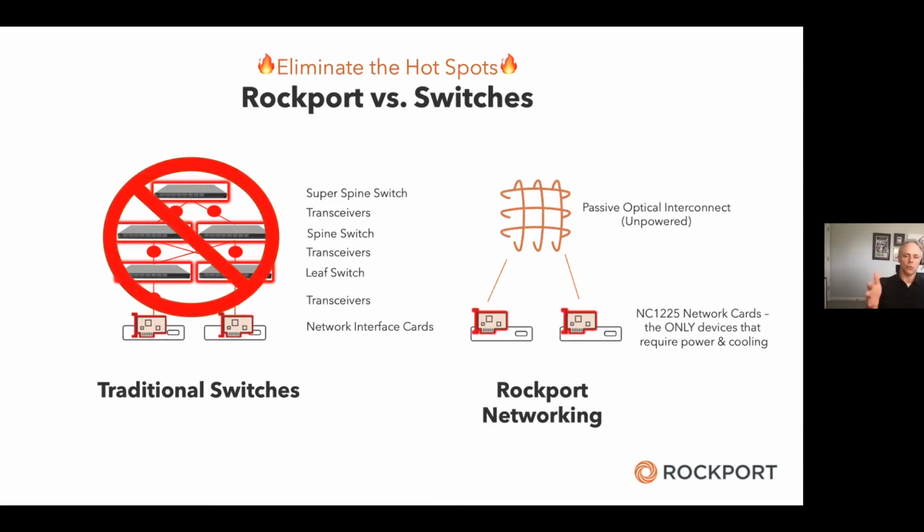And so what we'll see in a Rockport network is the only thing that requires power and cooling is the card itself. Once the cable is plugged in and the communication happens outside of the card, it is completely passive, and it is completely nothing but light pulses. So there is nothing within the environment that requires power or cooling. So it drastically simplifies all of those pieces.